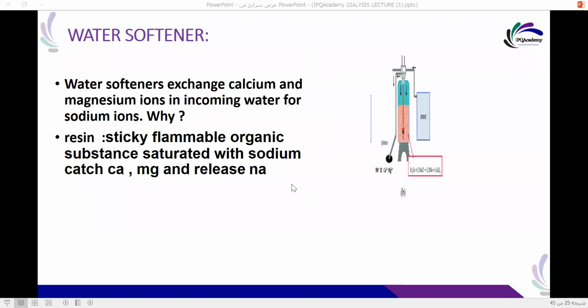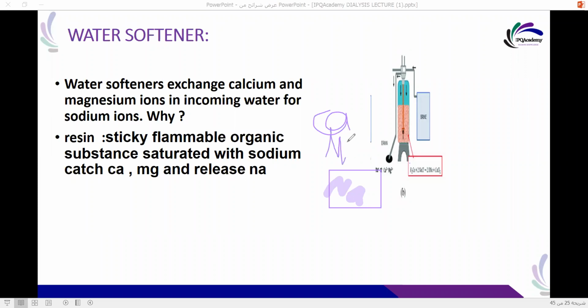Let's imagine here. Here is the resin saturated with sodium, and here is the water carrying the calcium and magnesium.